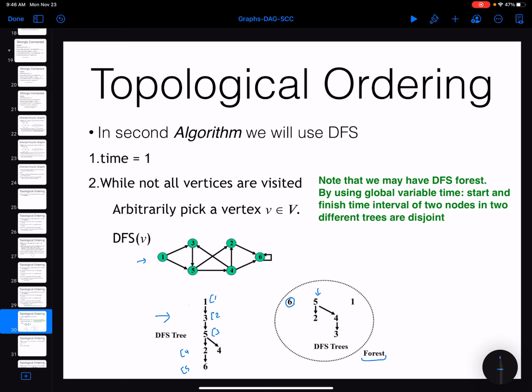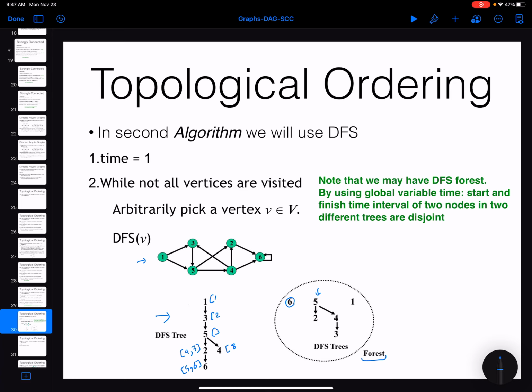For 6, there is no other node that you can go to from 6, so the finish time for 6 is going to be 6. You go back to 2. There is no other node that you can visit from 2, so the finish time for 2 is going to be 7. You go back to 5. From 5 you can visit another node, 4. The starting time for 4 is going to be 8.